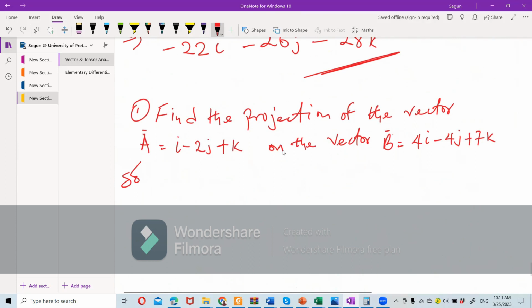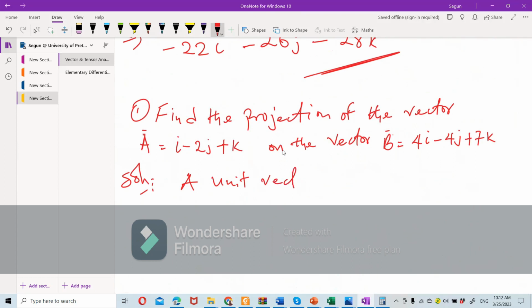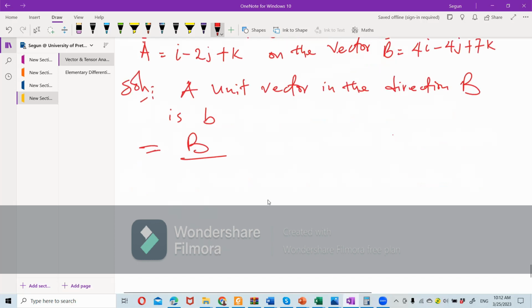In this case, to solve this problem, the solution is that the unit vector in the direction of B, you can call it small b, is the same thing as our vector B divided by its absolute value, the magnitude of B.